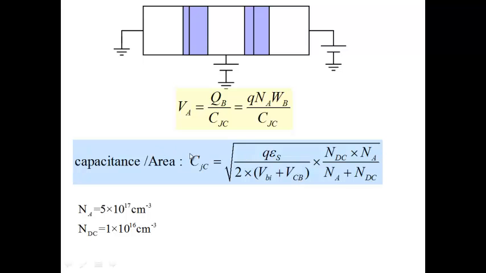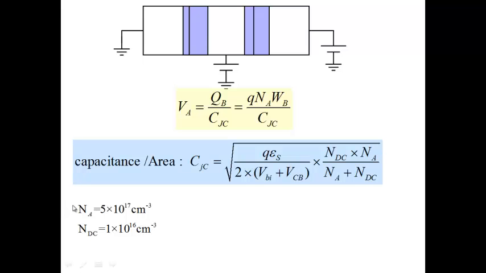Note that not only this CJC, but as you keep on changing the collector base voltage, even WB also changes. So there is a dependence of early voltage on this. But note the change that we are talking about is small. We are not talking about big changes here, okay?